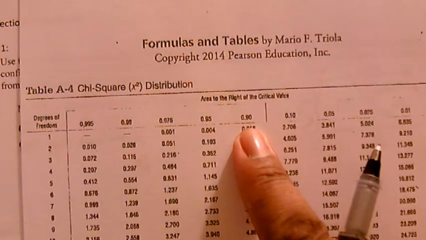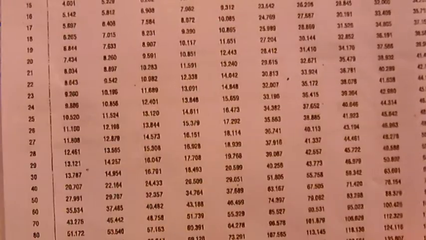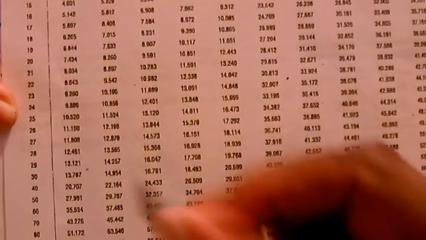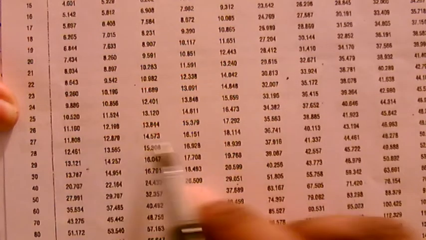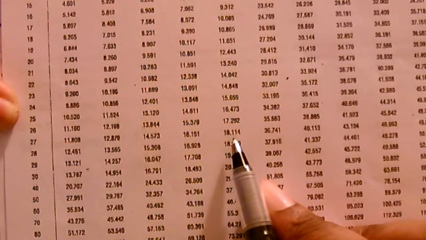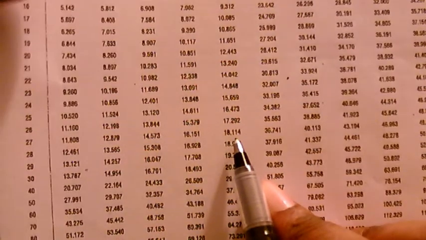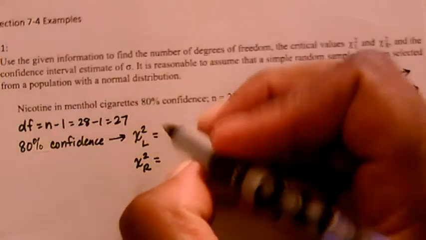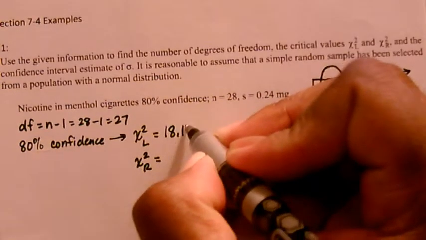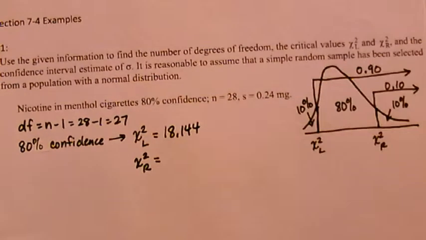So for 0.90 and 27 degrees of freedom, here's 27 degrees of freedom. For 0.90, that's going to be 18.144. So your chi-square value on the left is 18.144.